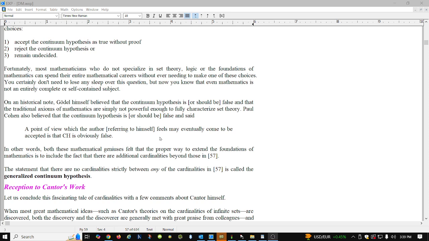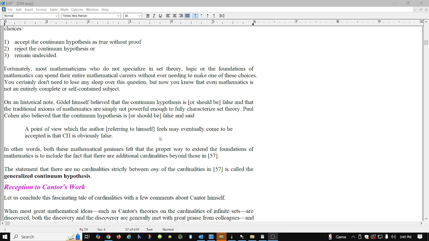There ought to be more cardinalities than the ones in the list I gave you. And Paul Cohen also believed that to be true. So I guess who are we to decide otherwise.